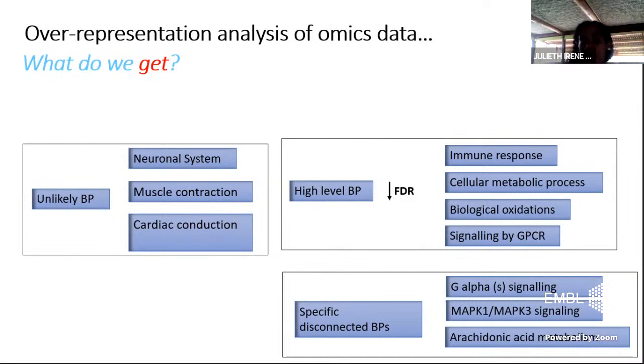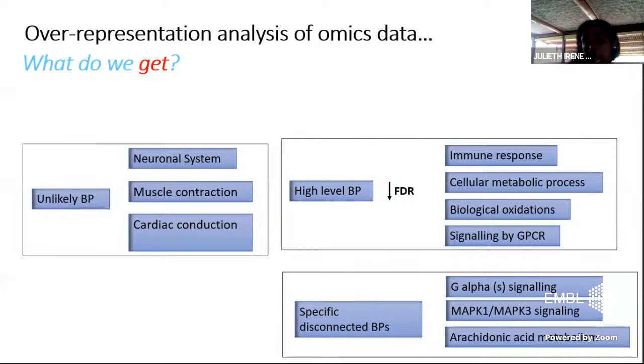Oftentimes, we get these biological processes disconnected among each other, because normally what we get is a list of biological processes ranked based on the FDR, the statistics associated to the enrichment analysis or the overrepresentation analysis that we have done with our omics data.